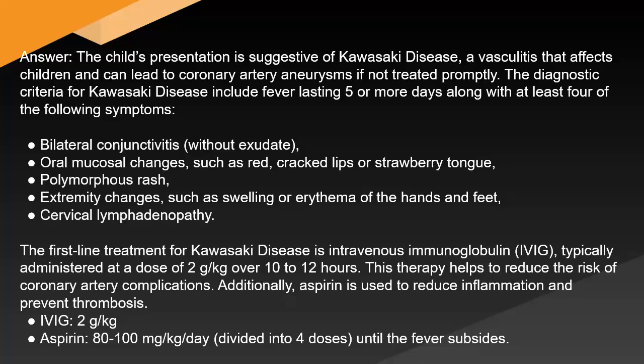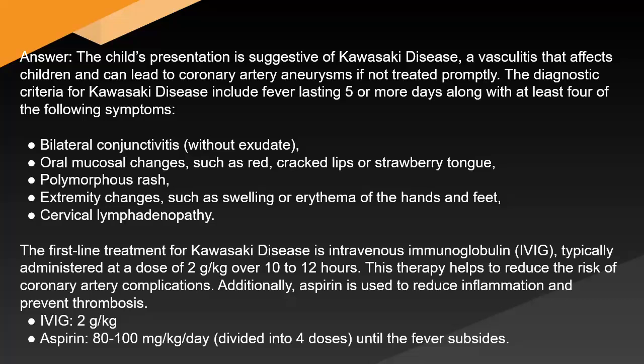The diagnostic criteria for Kawasaki disease include fever lasting 5 or more days along with at least 4 of the following symptoms: bilateral conjunctivitis without exudate, oral mucosal changes such as red, cracked lips or strawberry tongue, polymorphous rash, extremity changes such as swelling or erythema of the hands and feet, cervical lymphadenopathy.